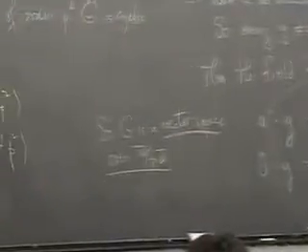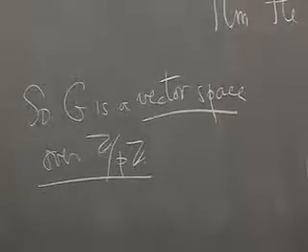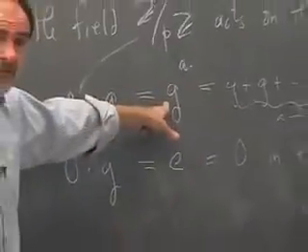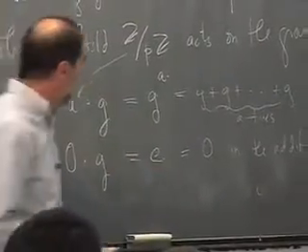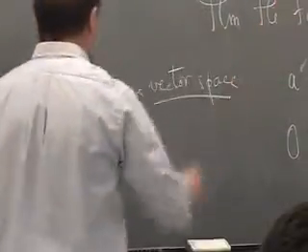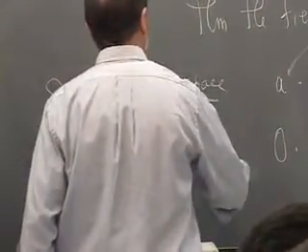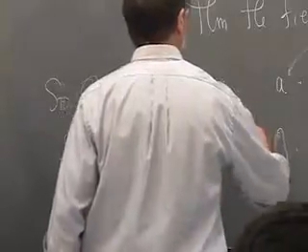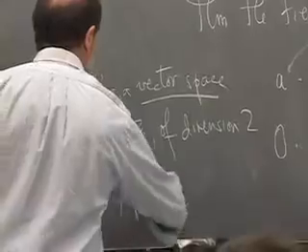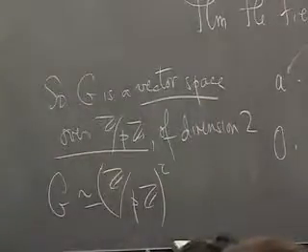Namely, it's an abelian group together with an operation of a field on the group, here scalar multiplication of the field on the group. And consequently, it's a vector space over Z mod pZ. It has order p squared, so it has dimension 2. So as an abelian group, G is isomorphic to (Z mod pZ) squared, because that's the two-dimensional vector space over the field of p elements.